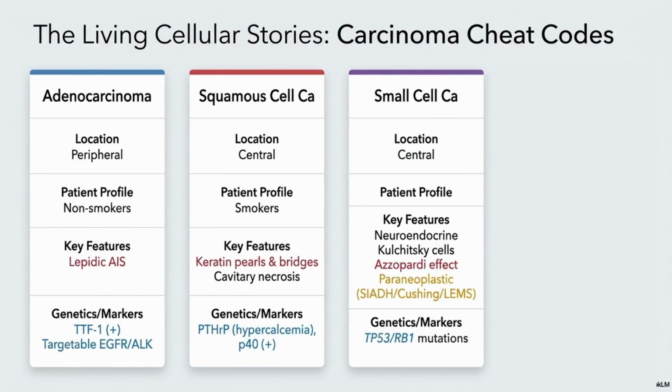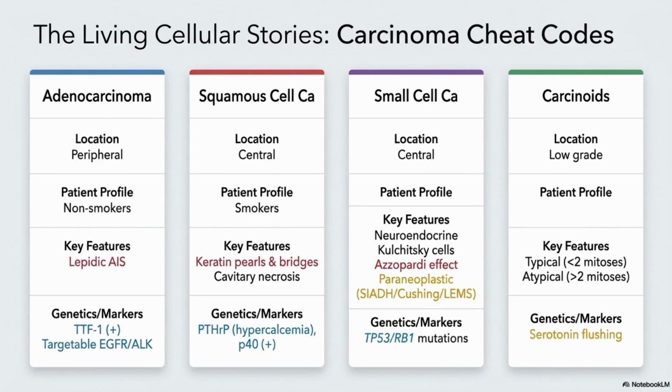Small cell carcinoma is central, neuroendocrine with Kulchitsky cells, shows the Azzopardi effect, triggers paraneoplastic syndromes like syndrome of inappropriate antidiuretic hormone or Cushing, and is driven by TP53 and RB1 mutations. Finally, carcinoids are low-grade tumors presenting as typical if there are fewer than 2 mitoses, atypical if more than 2, and can trigger serotonin flushing.